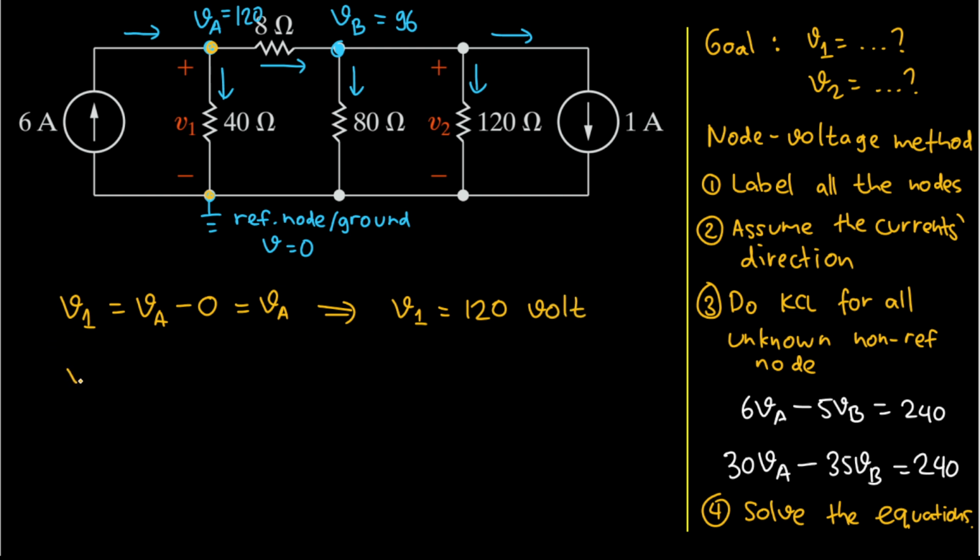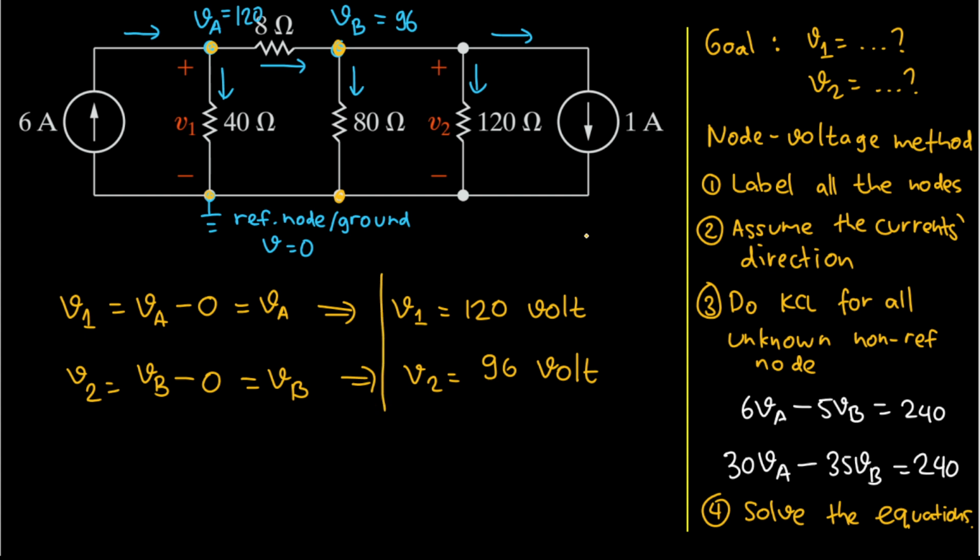The same case here. V2 is the difference between this node here, which is VB, and this node here. But this node is connected to the ground, so I'll have minus 0. So that will equal VB, and that means V2 is equal to VB, which is 96. And the unit here will be in volts. And I think that is the final answer for this problem.